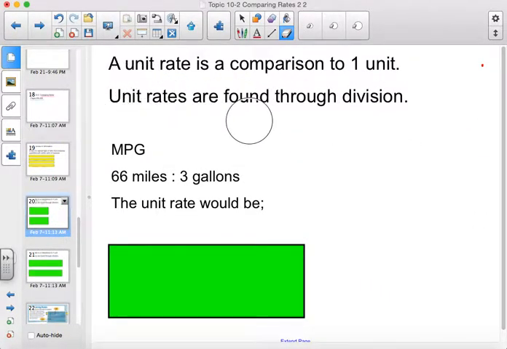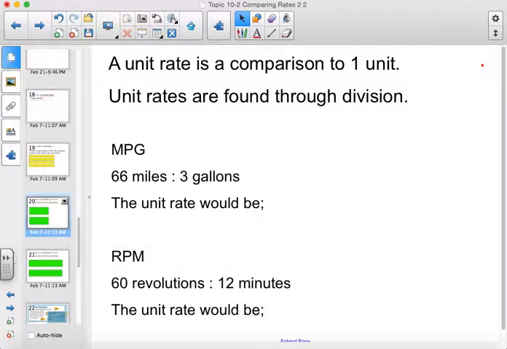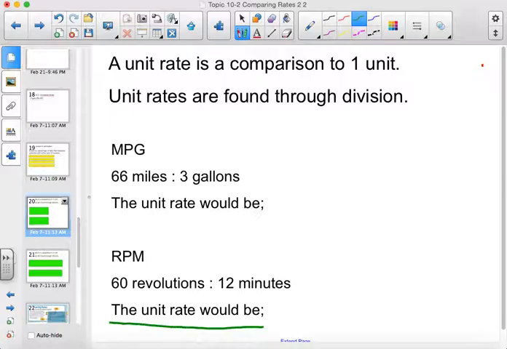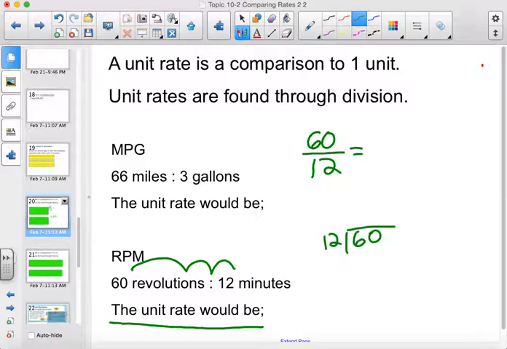Another example would be revolutions per minute. Again, if we're talking about a unit rate, we would set it up as a fraction, 60 to 12, or 60 revolutions to 12 minutes. And again, we could divide with the traditional algorithm and deal with the expression that way.